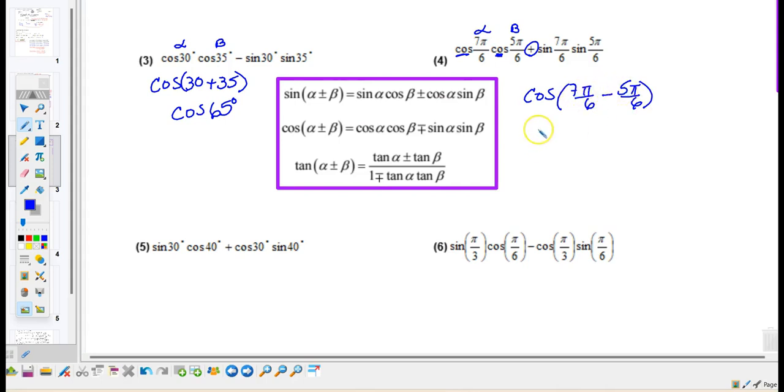So 7 minus 5 is 2 pi over 6. 2 and 6 reduce. They can divide by each other, so we get pi over 3. Hey, that's one of our special angles. If you're a degrees person, that's 60. If you're a radians person, put that pi over 3 here. Cosine, x over r, we get 1/2.